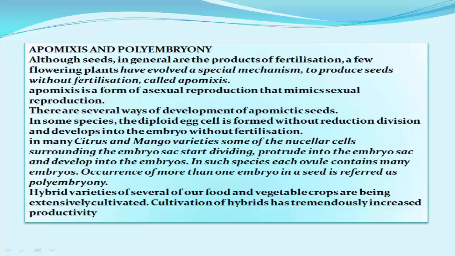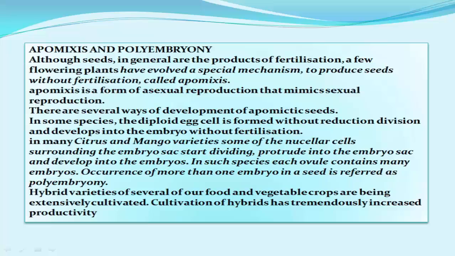Formation of seeds without fertilization is apomixis. Development of fruits without fertilization gives parthenocarpic fruits. Like that, one more definition from the first chapter: development of a new organism from the female gamete without fertilization is parthenogenesis.